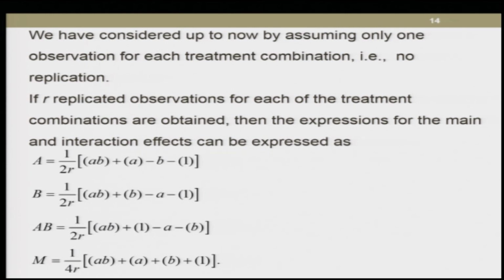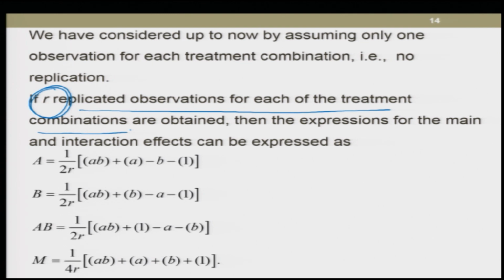So, up to now we have considered that there is only one observation per cell, and based on that we have obtained the main effects A and B and their interaction effect AB. But suppose I want to replicate it, and suppose there are R replicated observations for each treatment combination.